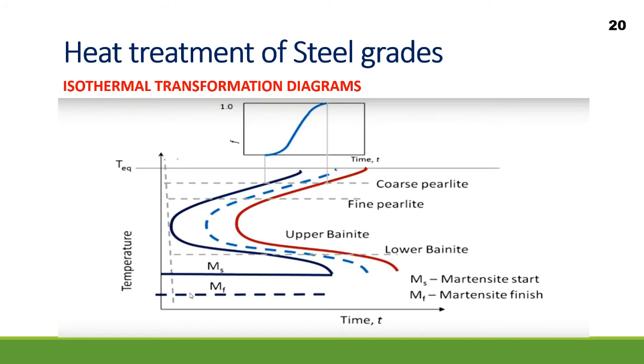The martensitic grains nucleate and grow at a very rapid rate, and since the transformation is diffusionless and instantaneous, it is not depicted in the diagram like pearlite or bainite. Here you see that for pearlite and bainite we put it on this curve, but martensite is drawn separately, and this is the reason why.